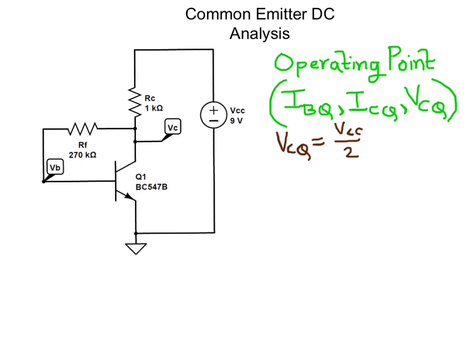Now the first parameter of the operating point that we need to find is the quiescent base current. The base current flows through the shunt resistor RF into the base terminal of the transistor Q1.